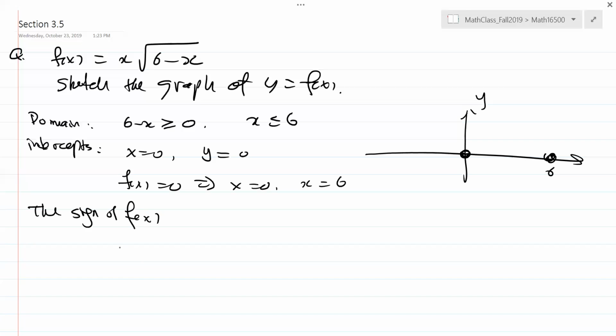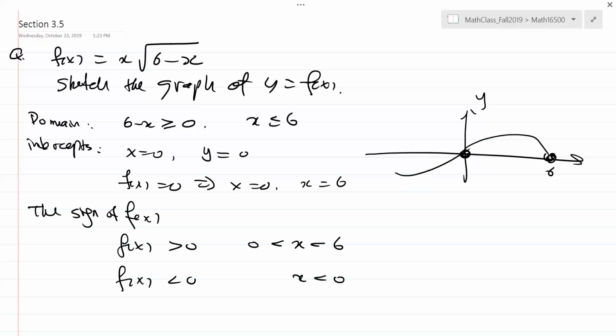So f of x is positive for x between 0 and 6. f of x is negative for x less than 0. That means the graph is below the axis there, and so we have the graph already.